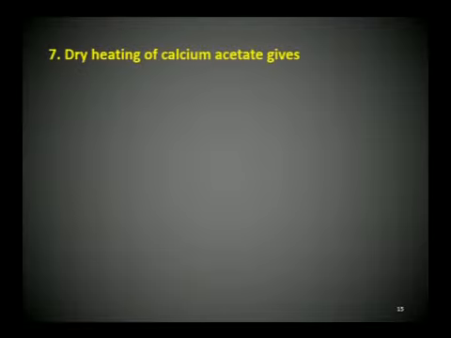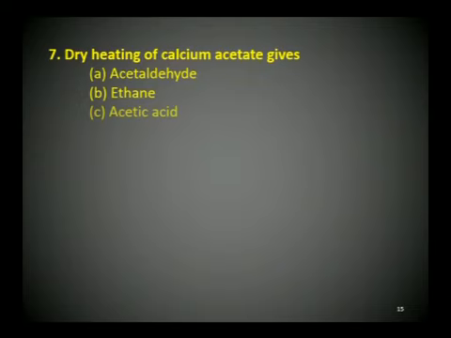Question number 7. Dry heating of calcium acetate gives. In other words, dry heating is otherwise called as dry distillation also. Dry heating of calcium acetate gives, the options given are acetaldehyde, ethane, acetic acid, and acetone.